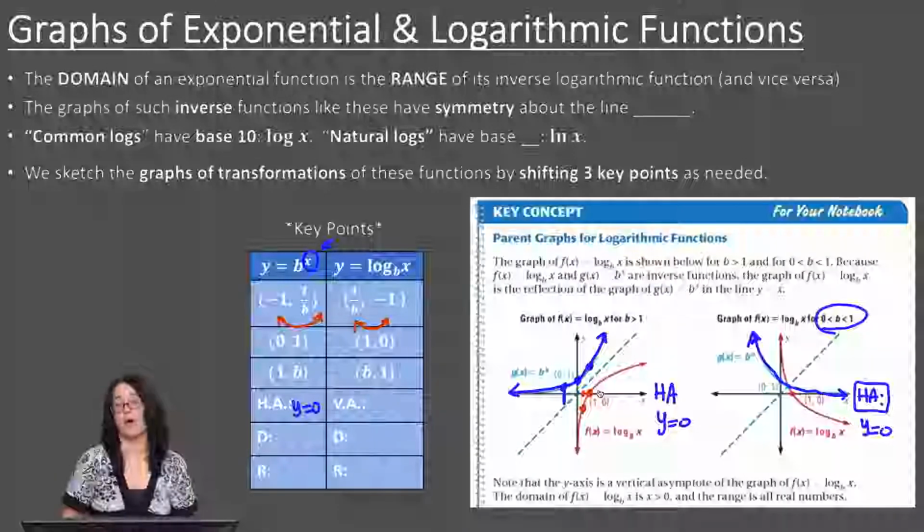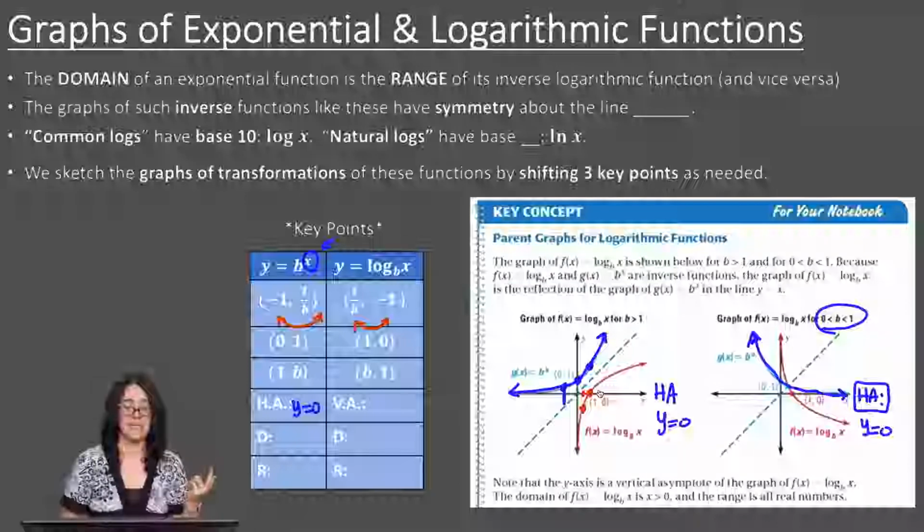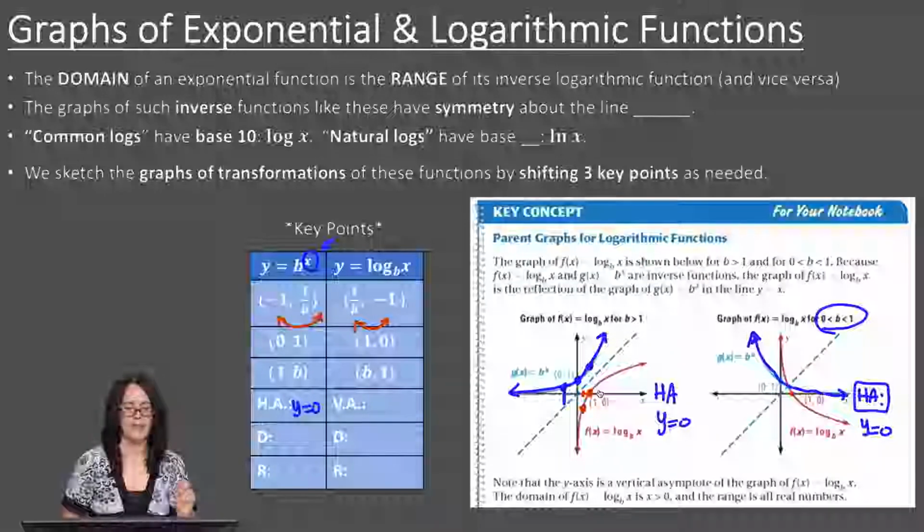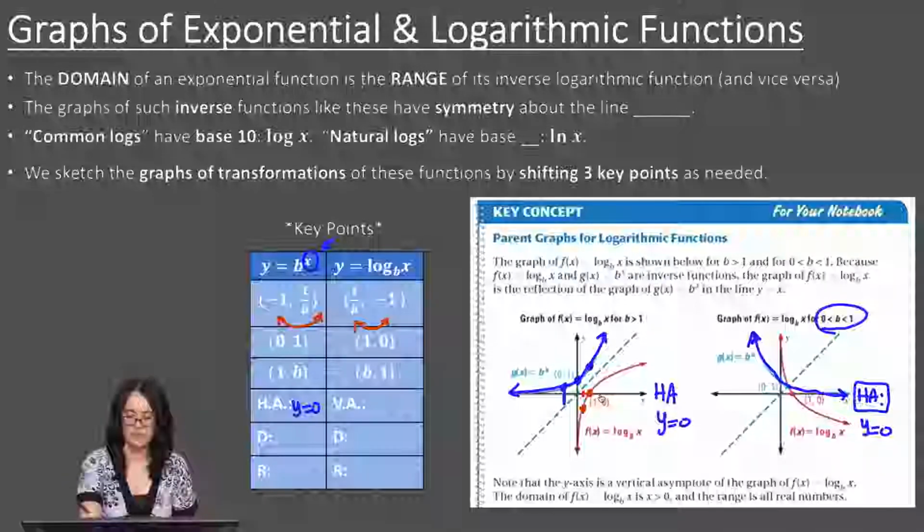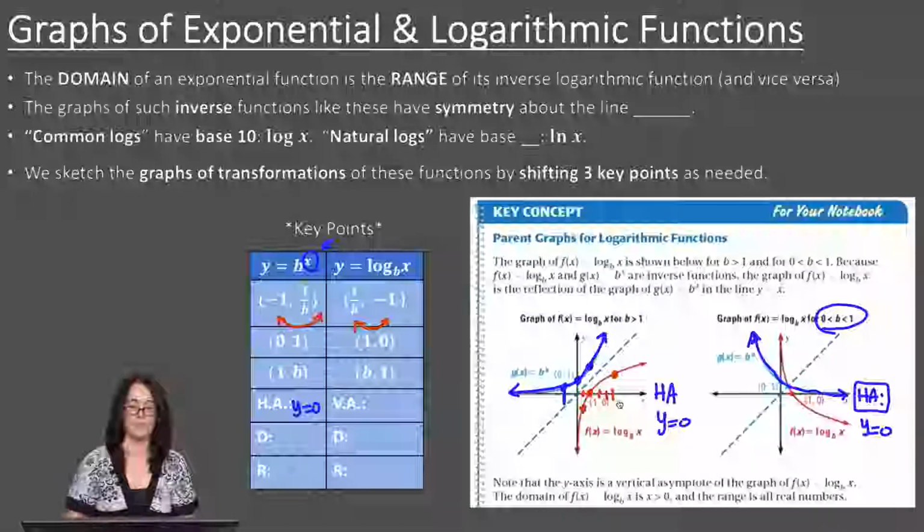And then b, 1, my base, instead of 1 in my base. So if my base was 5, let's say, I would go 5 units to the right, and then I would go up here at 1, okay?